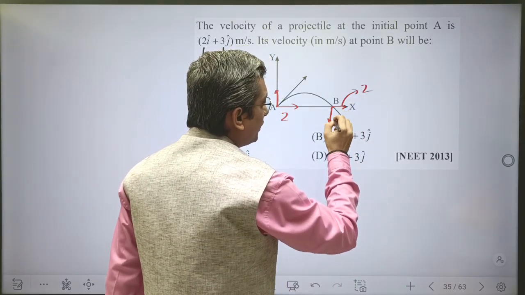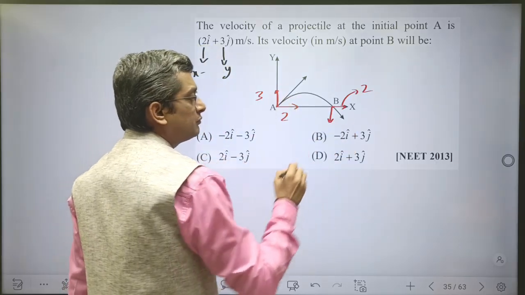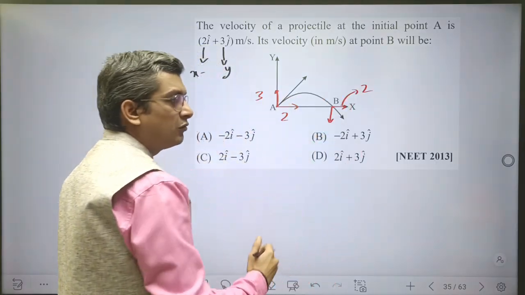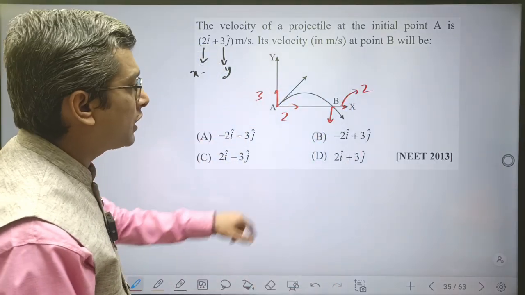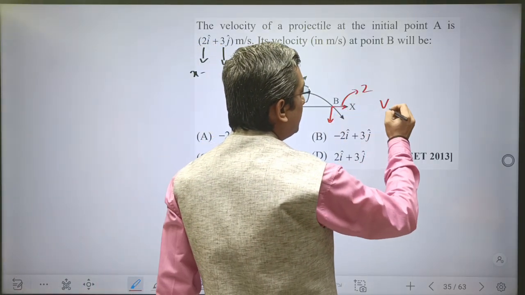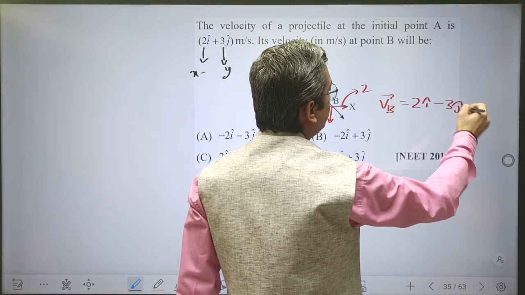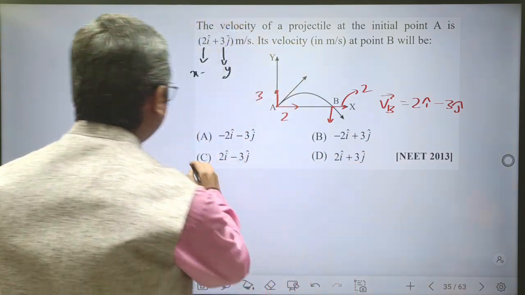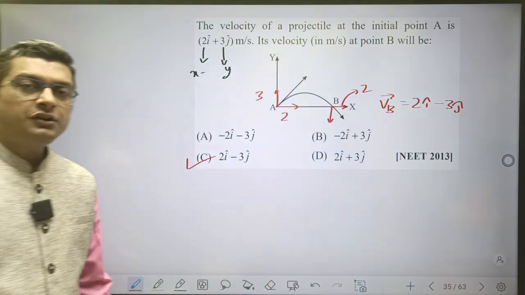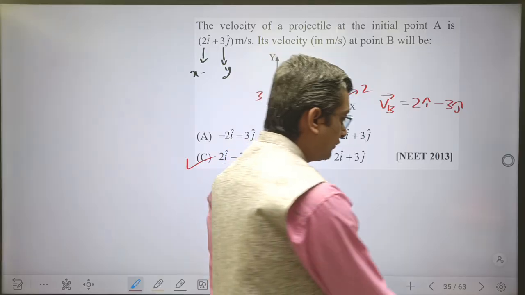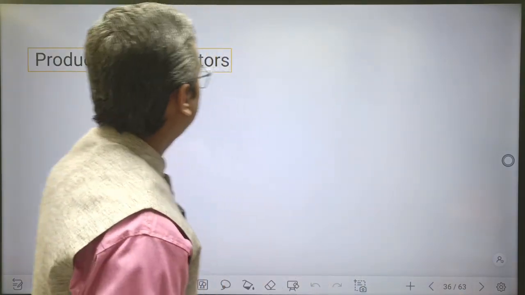But the vertical component has the same magnitude as the initial one, with its direction towards negative, that is downward, the negative y-axis. So if I write its velocity, it will be 2 i cap minus 3 j cap. So this will be the answer, that is C, 2 i cap minus 3 j cap, isn't it? So this is the concept of projectile actually.